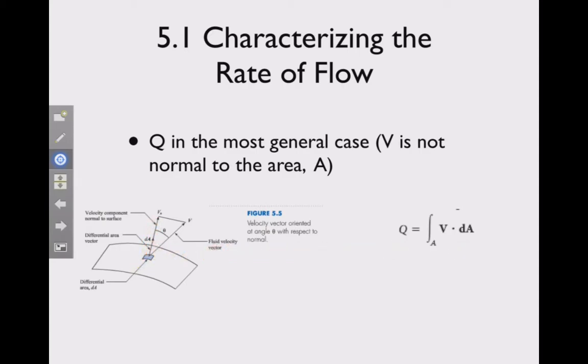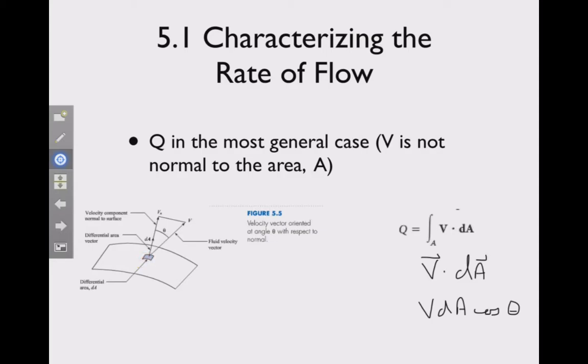If you remember from your vector calculus, the vector v dot dA is going to be v dA cosine of theta, which is just basically the projection of the velocity vector in the direction of dA.